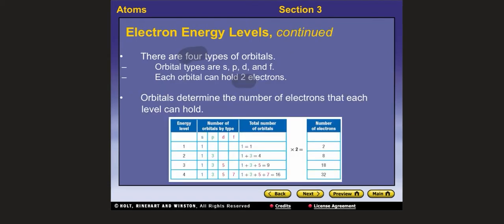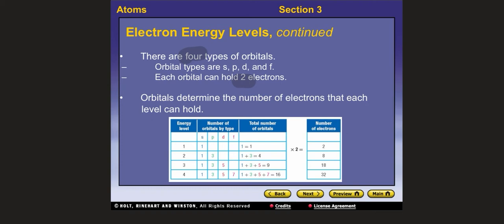So we said an orbital is where electrons are likely to be found. There are 4 types of orbitals. And just know that there are different types of orbitals. We're not going to get into a whole lot about that, but just to introduce you to the idea, there are s, p, d, and f orbitals. Each orbital can hold 2 electrons.